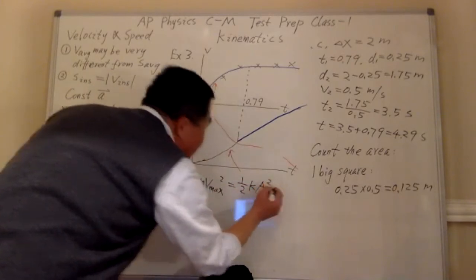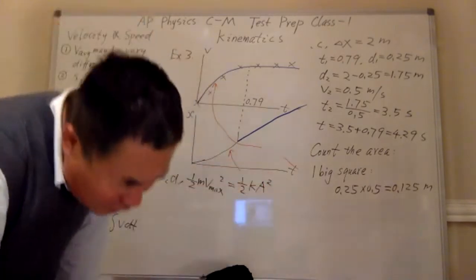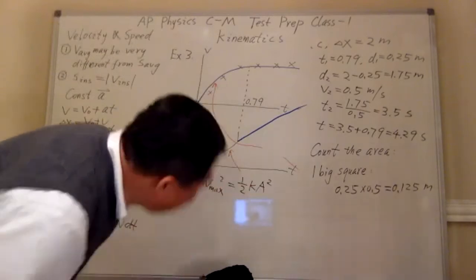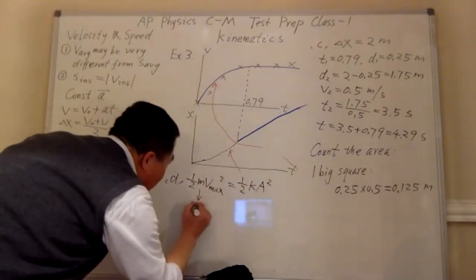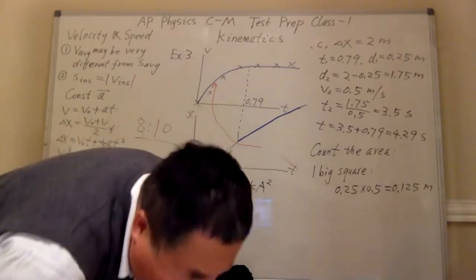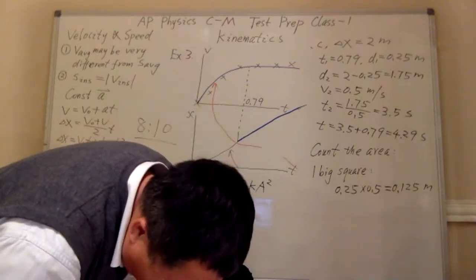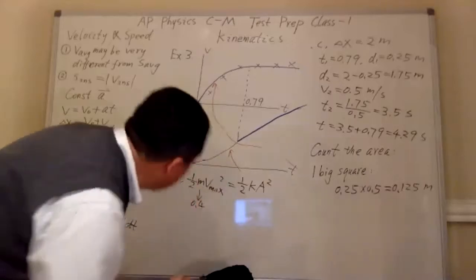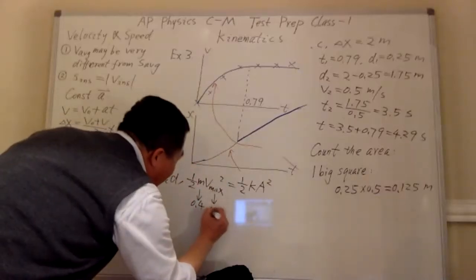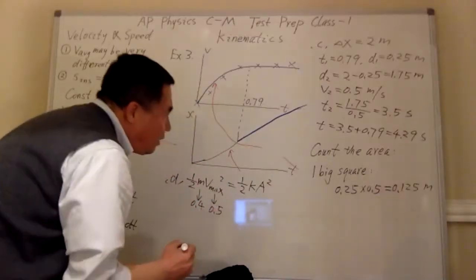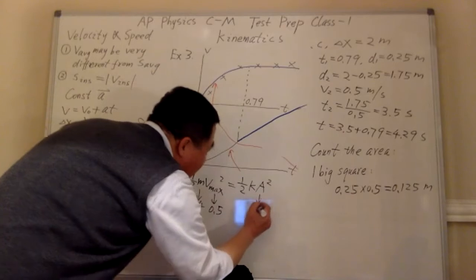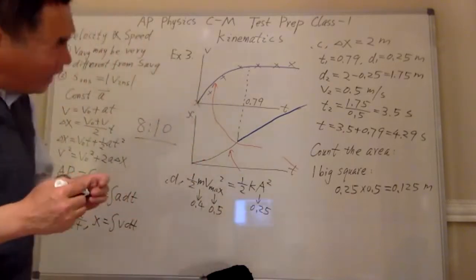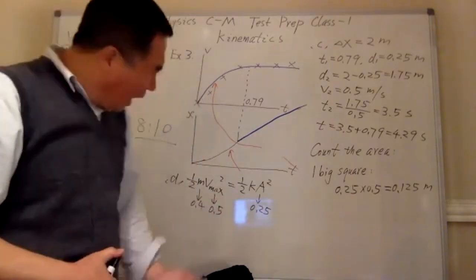Because we know all the information, we can find the spring constant. The mass m is 0.4, v maximum is 0.5, and the amplitude is 0.25.